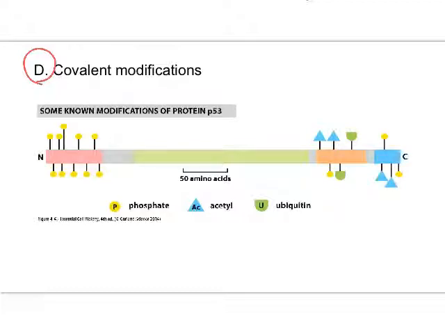In recent years, scientists have discovered there's more than 100 different types of covalent modifications. And some of the common modifications are shown on this example. This is a p53 protein, which controls how a cell responds to DNA damage and other stresses.